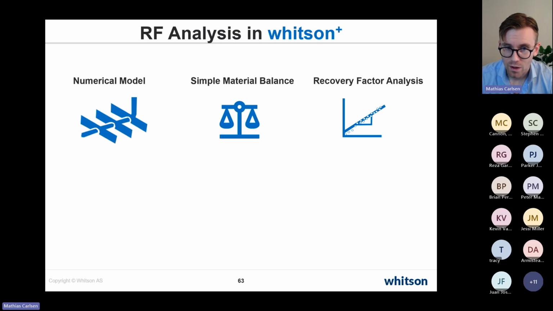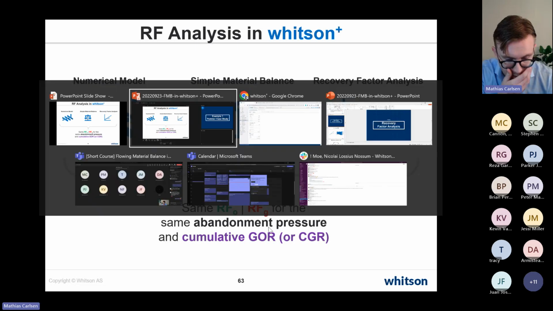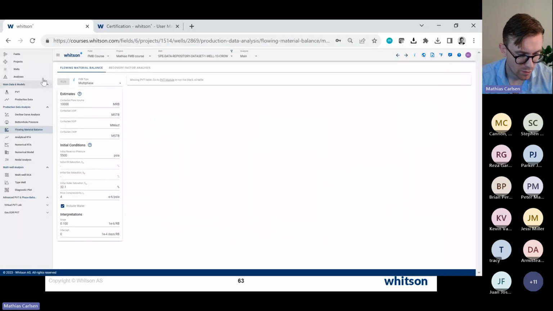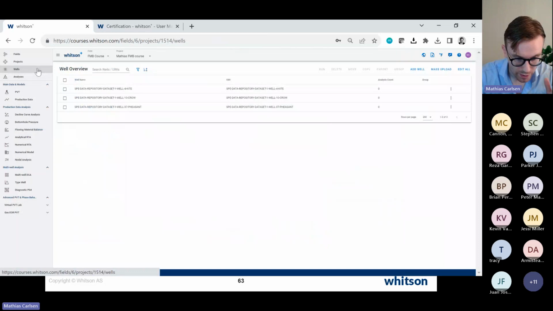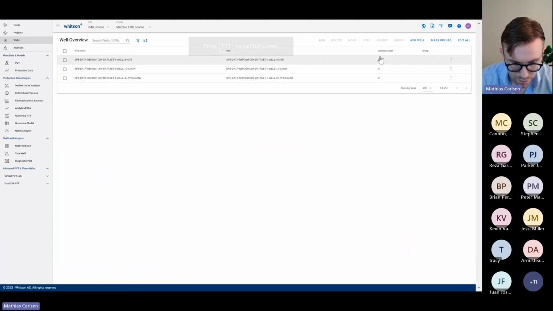And if the inputs to all of those methods are the same, PVT is the same, abandonment pressure is the same, and essentially the cum GOR, if those are the same, then the recovery factor for oil and gas is the same. Okay? So I thought I'd just show you that real quick in the software right now. And hopefully, if you don't see my screen, somebody needs to shout out, because I'm just going to show this real quick for everyone.